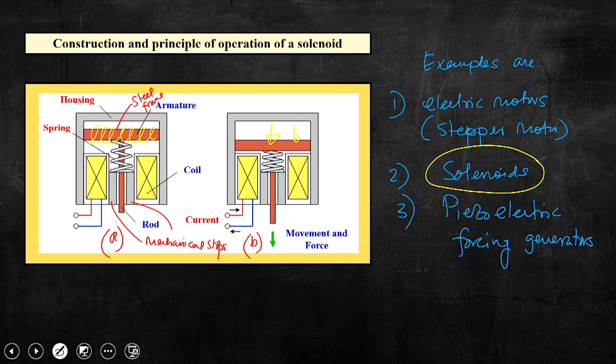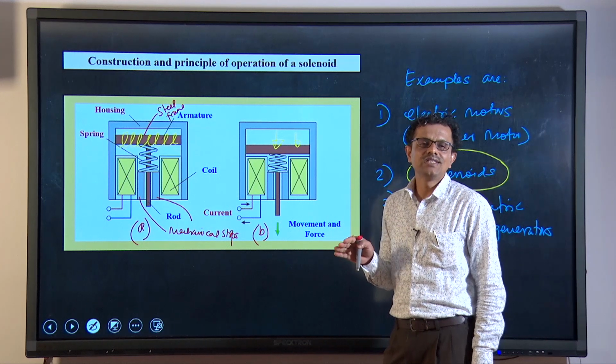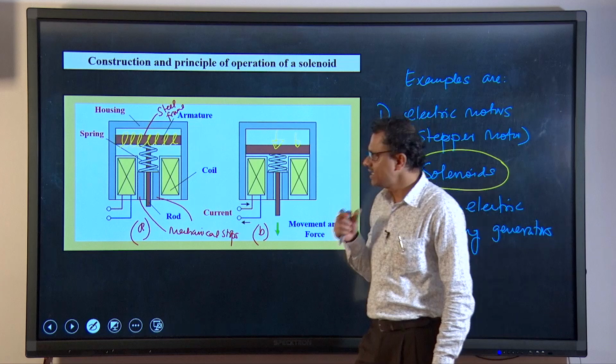If we go back to this armature and rod, these two parts are connected to the housing through the spring and stay at equilibrium when there is no current, right.